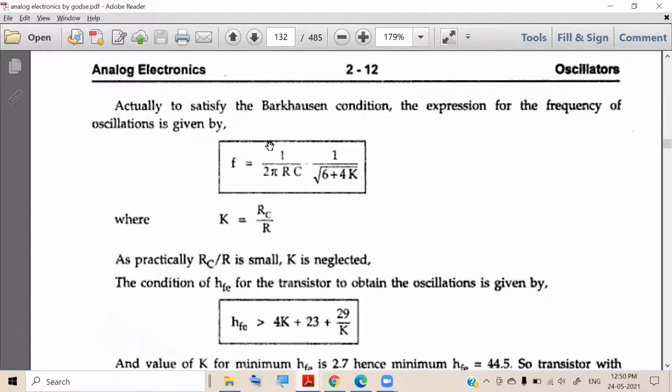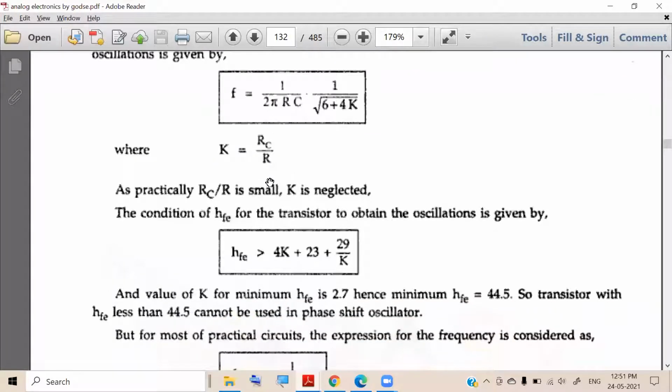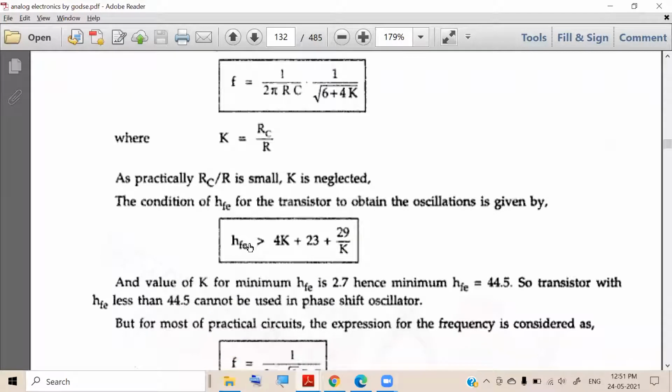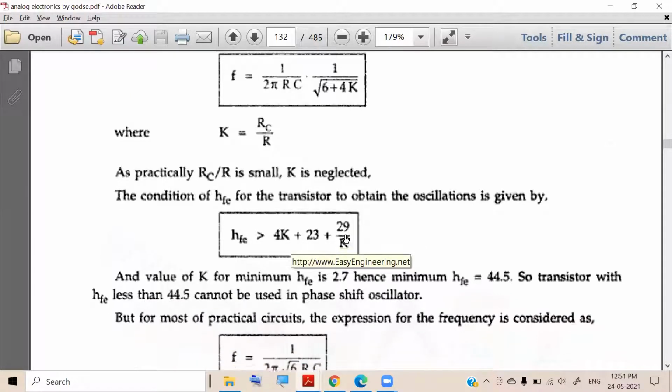Then, as we did for Hartley or Colpitts, what are the two things? One is the frequency of oscillation, which we just saw for the RC phase shift oscillator. Another is the condition for sustained oscillations. For the RC phase shift oscillator, the condition for sustained oscillations is hFE greater than 4k plus 23 plus 29 by k.